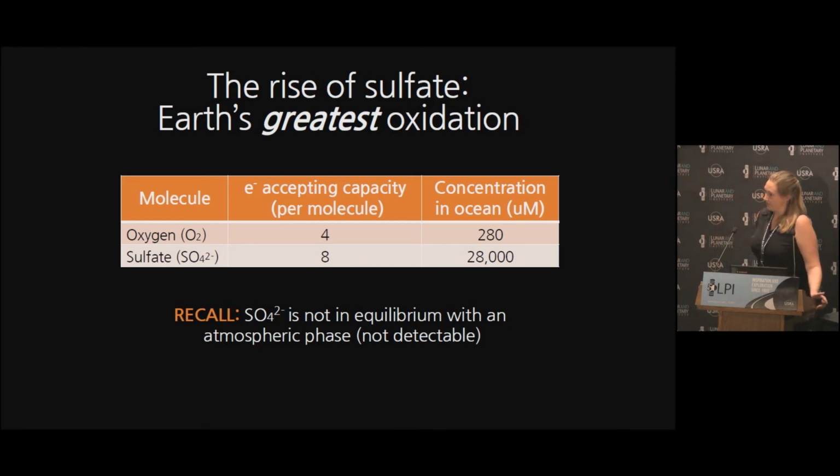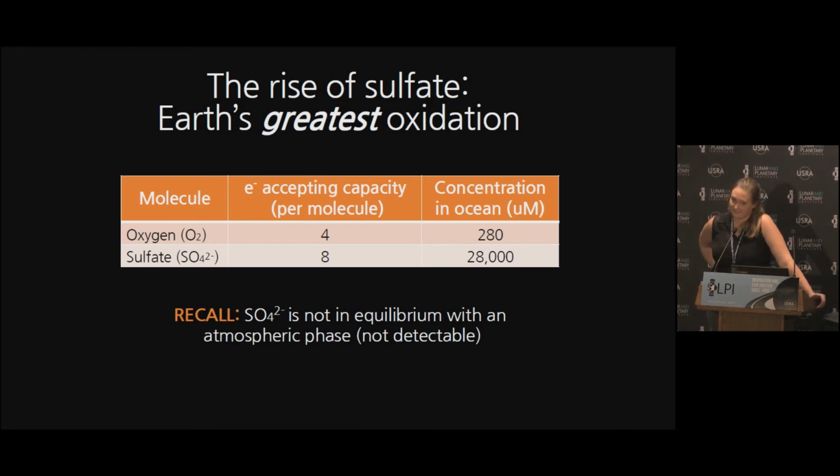That might sound strange to you, but this is clearly true if you consider that every molecule of sulfate can accept more electrons than each molecule of dioxygen, and its concentration in the ocean is 100 times greater. And so from a strictly electron accounting perspective, the oxidizing capacity of marine sulfate actually exceeds that of oxygen by a factor of 200 or more.